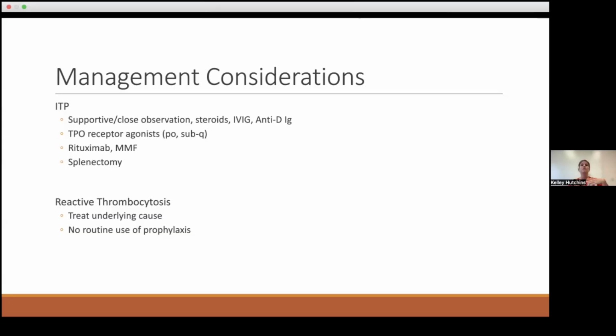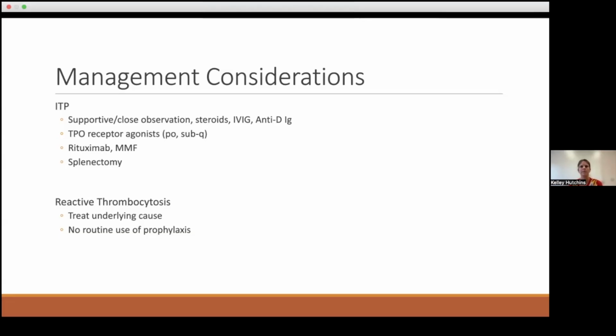So it's not that you can't start steroids in a patient who has ITP without a bone marrow, but you just want to be totally certain that you are treating ITP before starting steroids in an ideal setting. And the reasoning for that is because again, if it's leukemia, then you're starting to treat leukemia, and that would change things going forward. But ultimately, steroids, very effective, very cheap, can be done outpatient, work really well.